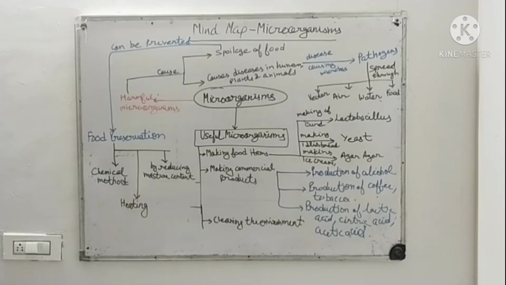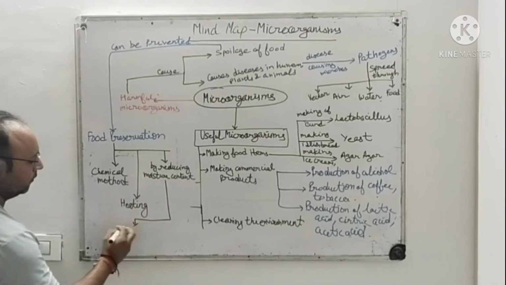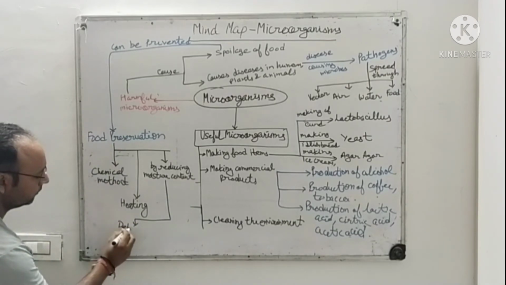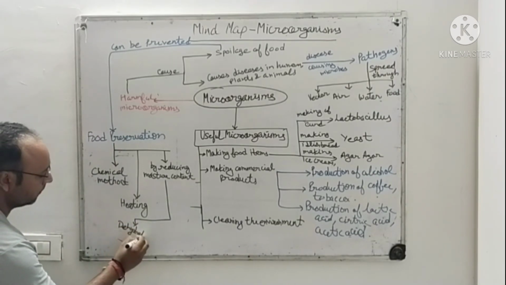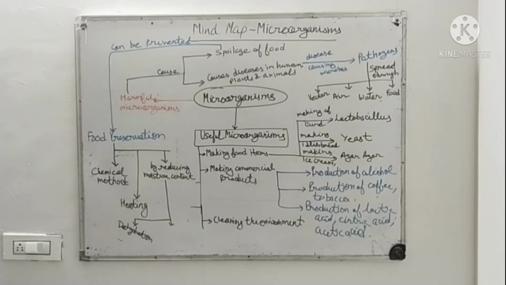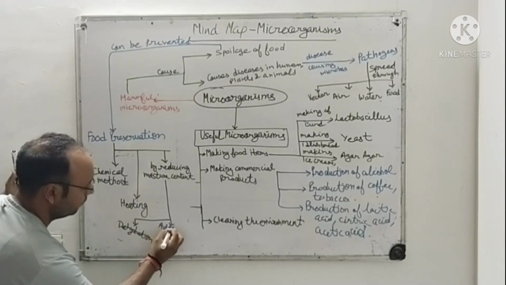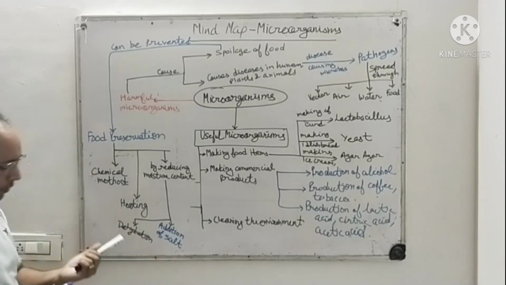Now how can we remove moisture content? That is the question, right? So in moisture content, if I talk about further methods, first is dehydration. Right? Then addition of salt can be done because salt helps to remove the moisture.